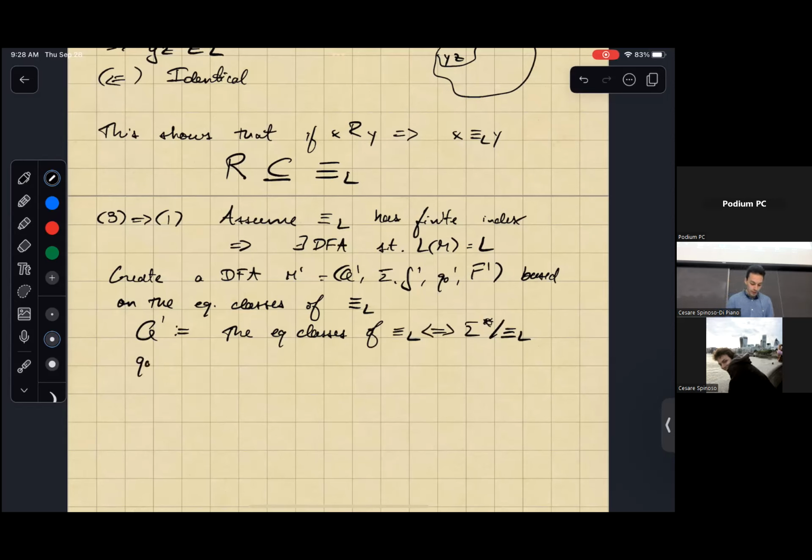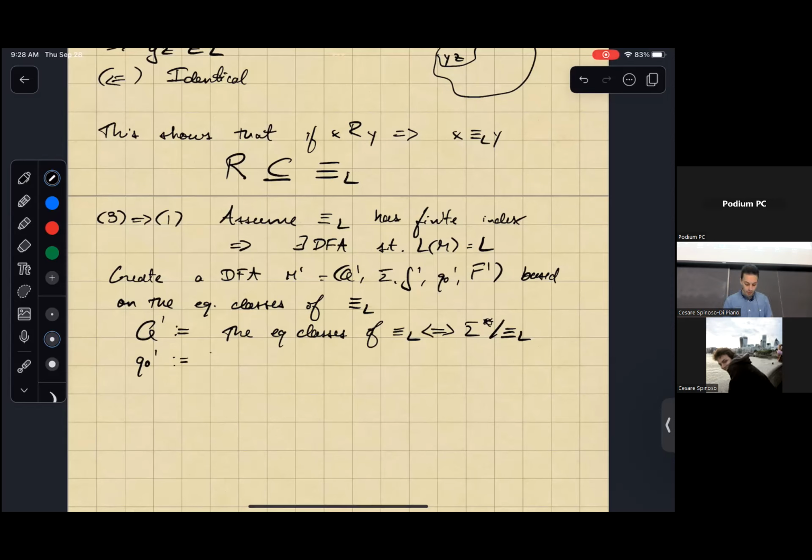Then the start state, Q0 prime. What I know about DFAs in general is that the string that, regardless of the machine, always ends up in the start state is the empty string, right? So a natural representative for the equivalence class that represents the start state is the empty string.